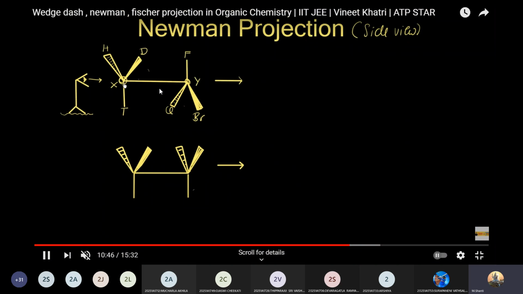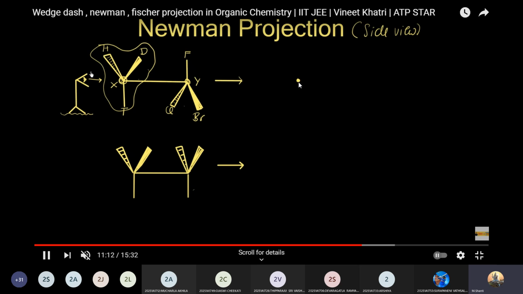So here they are giving us the attached groups like H, D and T in the Y and inverted Y, F, Cl and Br to the second carbon. So when you are converting this sawhorse into Newman projection, this is the side view that you are observing.